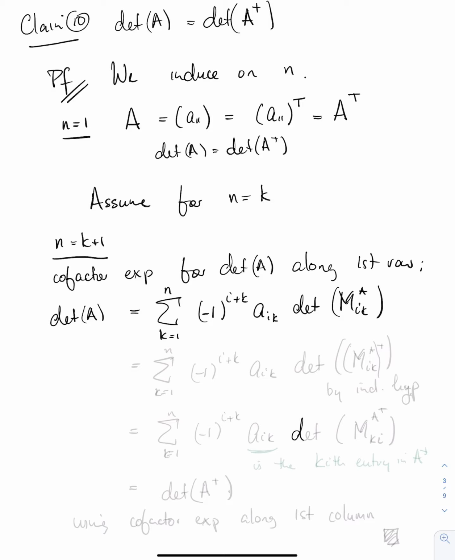What I want you to notice is that MIK is the matrix derived from A by erasing the ith row and the kth column. This means that by the inductive hypothesis, its determinant is the same as its transpose.